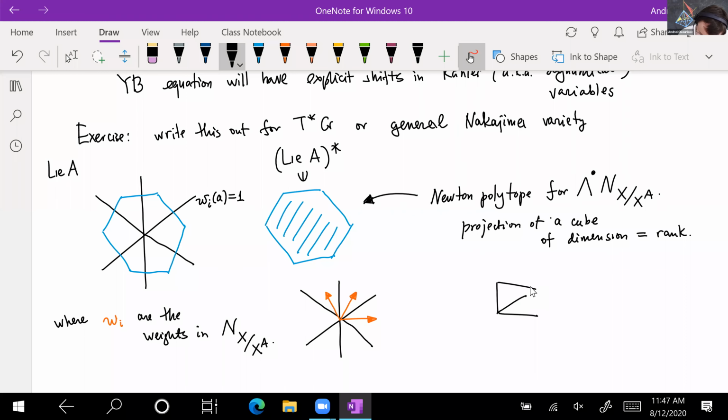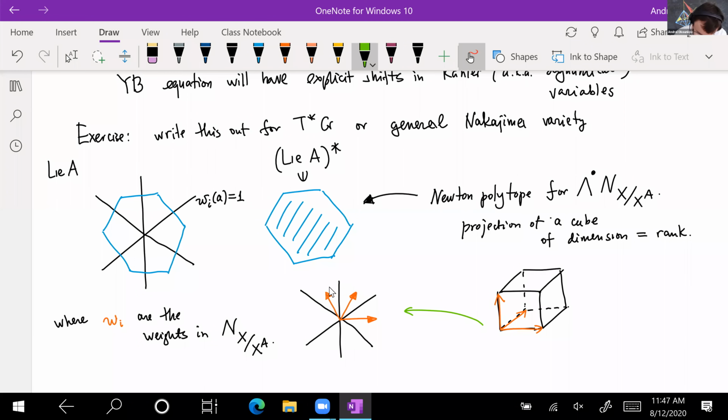So I should be able to draw a cube, of some dimension. The basis vectors of that cube should go to my three vectors there. So these three vectors go to those three vectors.